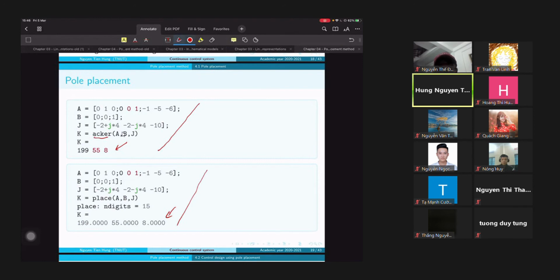You can put this on the computer and check this.